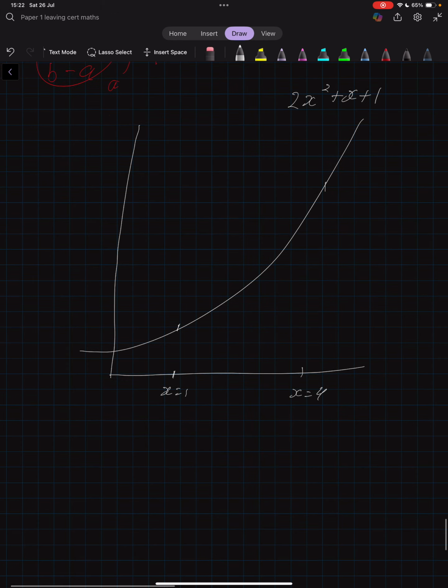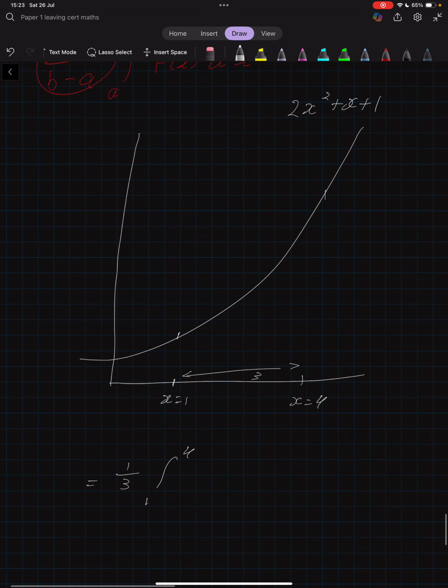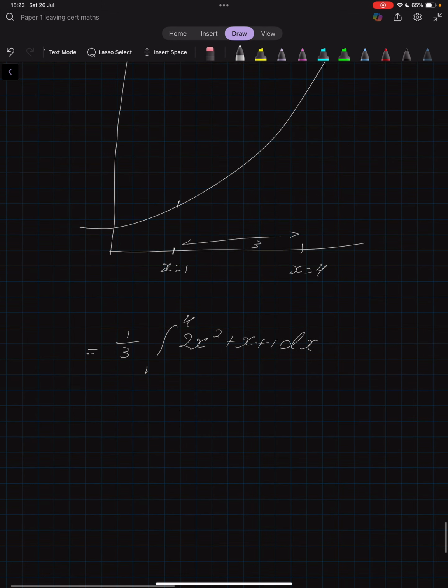You would say, okay, this length here is 3. That means the average value is going to be a third the integral from 1 to 4 of f of x, which is 2x squared plus x plus 1 dx, which equals a third, 1 to 4 of 2x cubed over 3 plus x squared over 2 plus x.